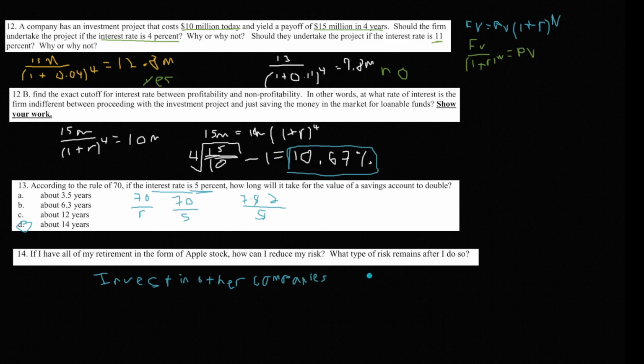But you can still lose some money there if there's a stock market crash or an economy crash, anything like that. So a couple of risks, just stock market crash.